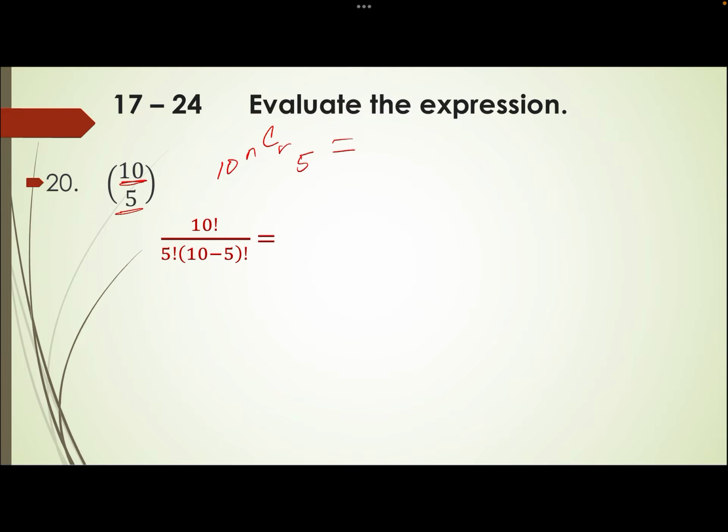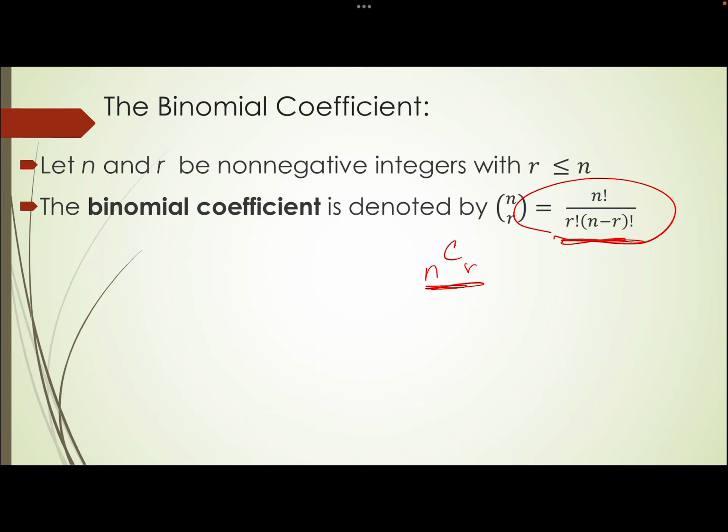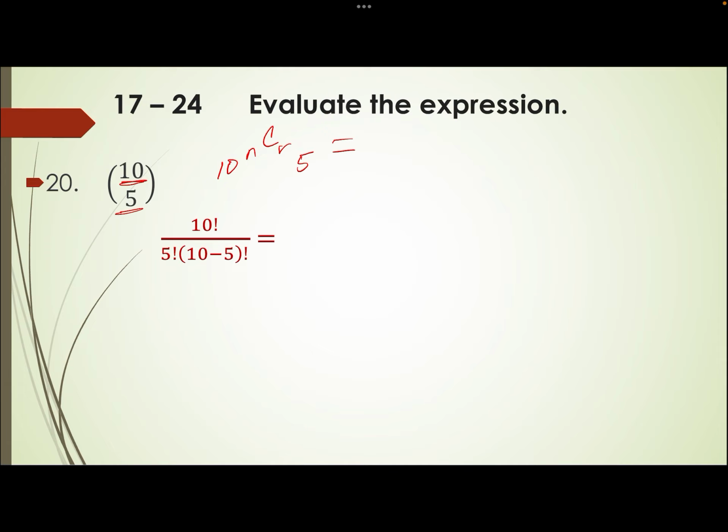So here's the formula that they gave us right here. n factorial over r factorial and n minus r factorial. So 10 factorial over r factorial, which is the 5, over 10 minus 5 factorial. So if I write this out, it's 10 all the way to 1, and then 5 to 1 and 5 to 1. Well, these cancel each other out.